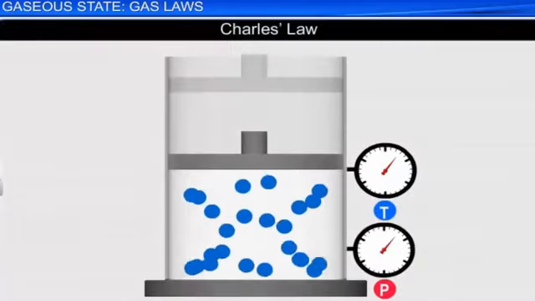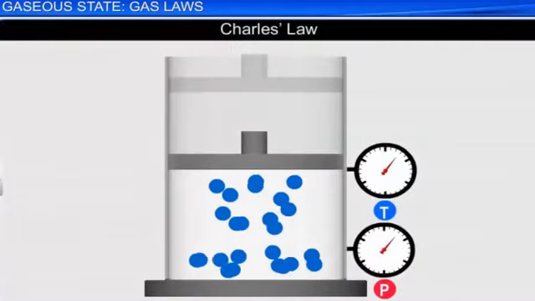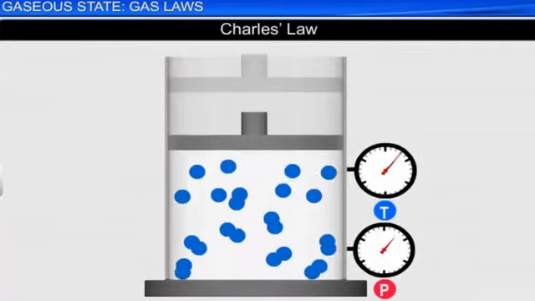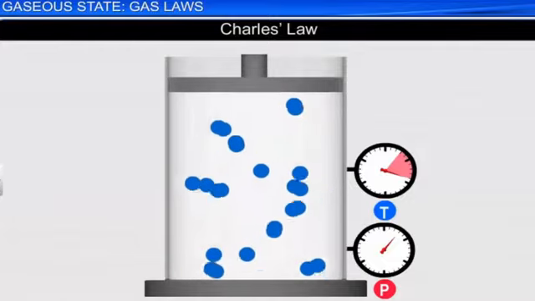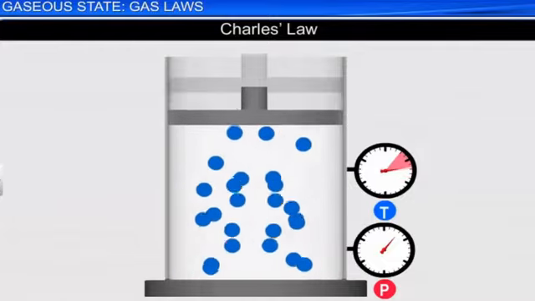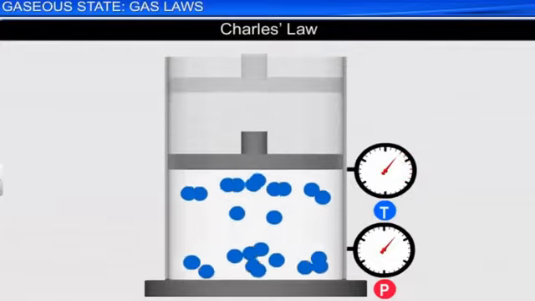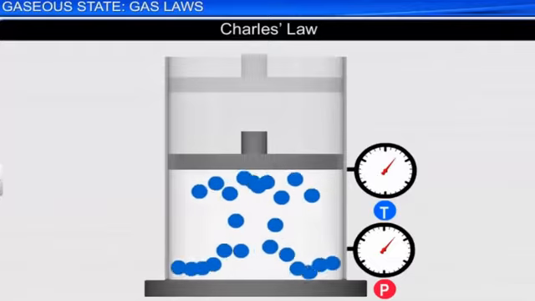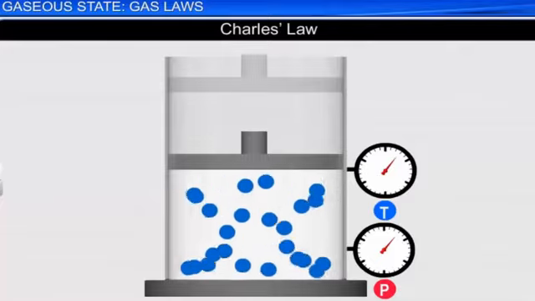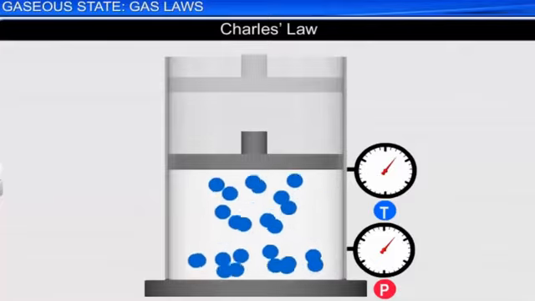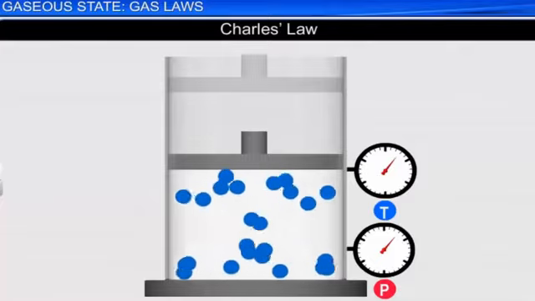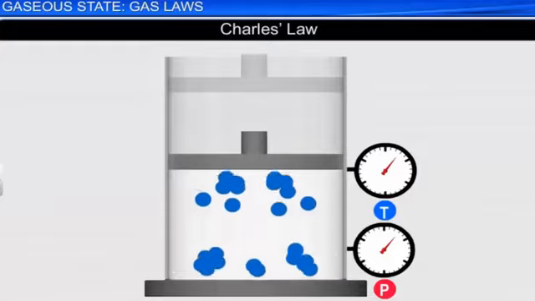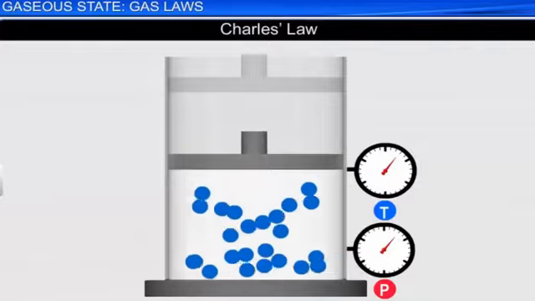They concluded that for a fixed mass of gas at constant pressure, the volume of gas increases with increase in temperature and decreases on cooling. They found that when pressure remains constant, the fixed mass of any gas expands or contracts respectively by 1 by 273 of its volume at 0 degrees Celsius for every rise or fall in temperature by 1 degree Celsius.